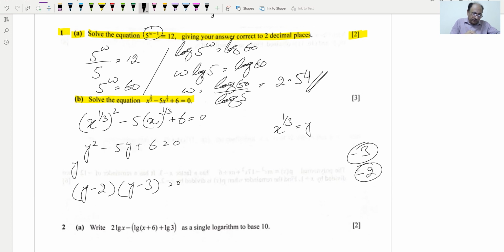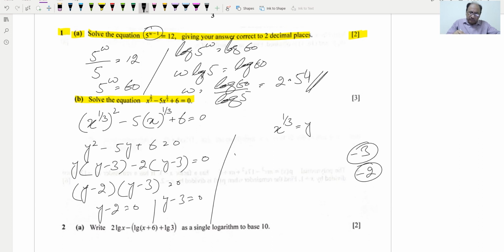So y minus 2 is equal to 0 or y minus 3 is equal to 0, and this will be y is equal to 2 or y is equal to 3.